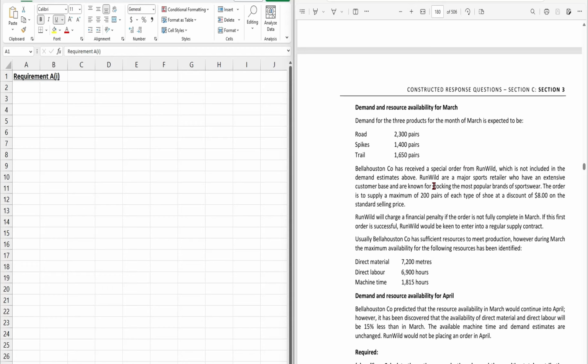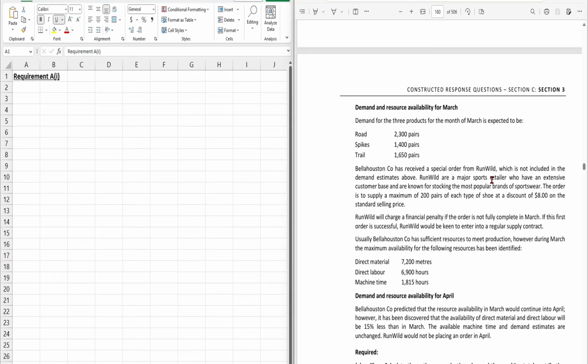Runwild are a major sport retailer who have an extensive customer base and are known for stocking the most popular brands of sportswear. The order is to supply a maximum of 200 of each type of shoe at a discount of 8% on the standard selling price. Runwild charges a financial penalty if the order is not fully completed in March. If this first order is successful, Runwild would be keen to enter into a regular supply contract.